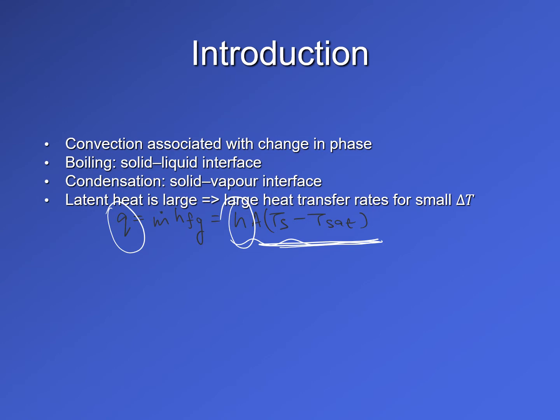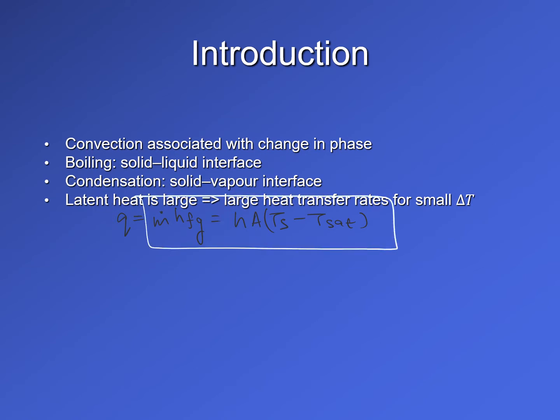And of course A is the area of contact between the two surfaces, between the solid and the liquid, or in this case a solid and the vapor. This rate of heat transfer can also be written as the mass flow rate m dot times the latent heat h fg. Okay, so this is how we define our h. So we can calculate h using this relation.